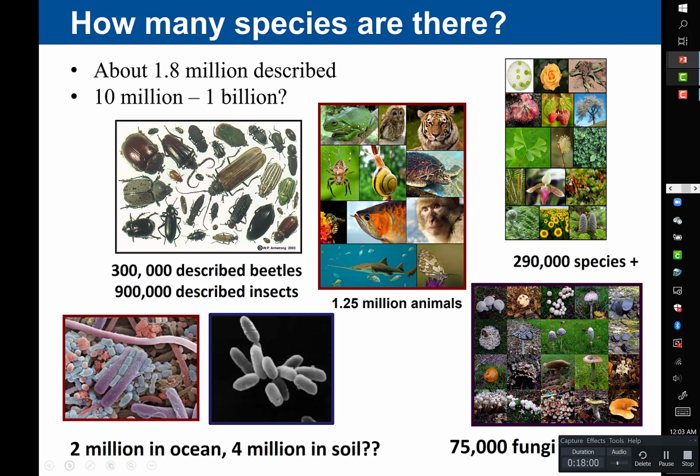If we look at bacteria, estimates suggest that there might be 2 million in the ocean, maybe 4 million in the soil. There are about 10,000 species of bacteria in a single gram of soil. So if you were to take a single gram of soil, you would find about 10,000 different species.